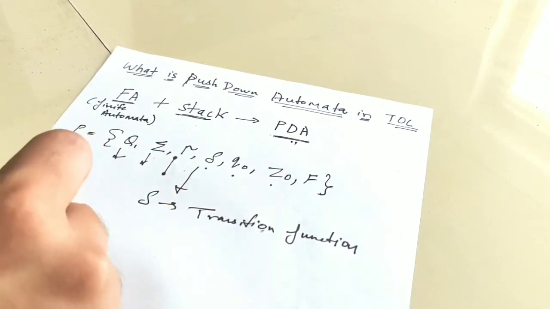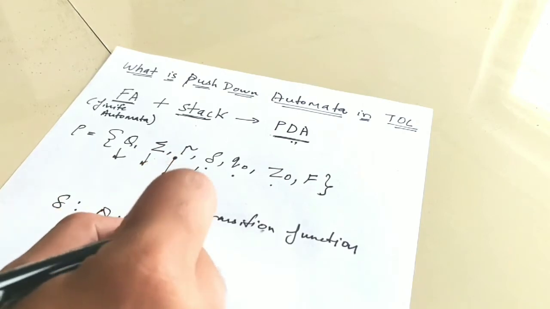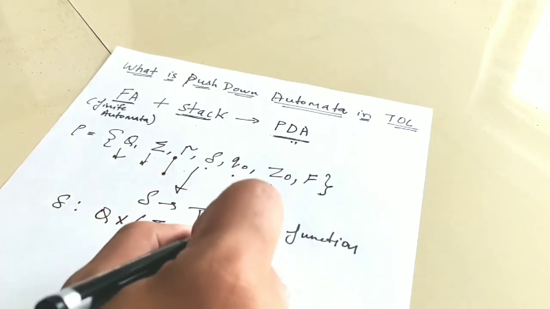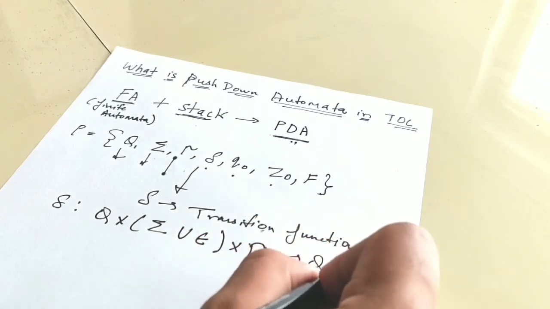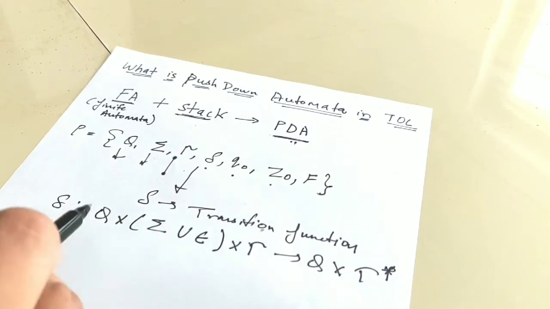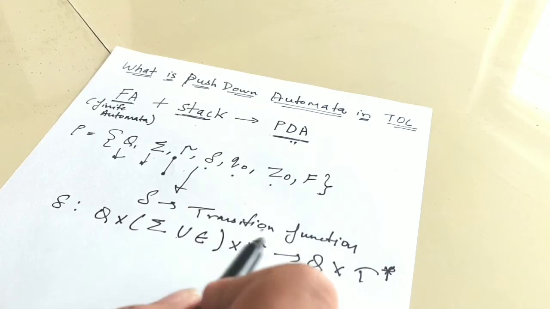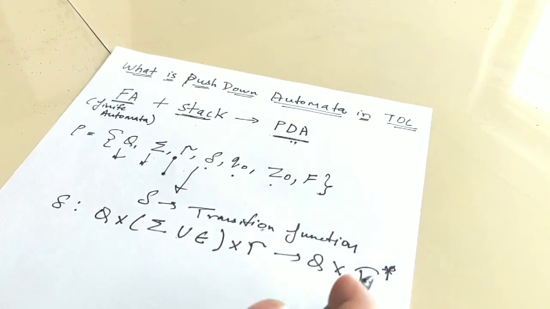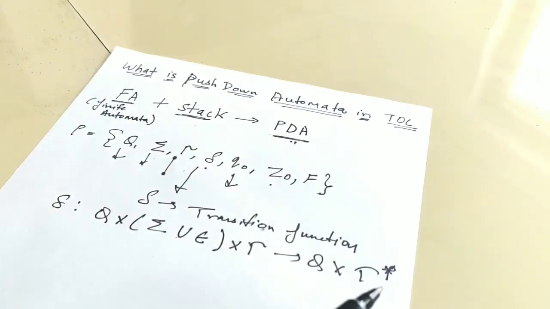The formula of this is delta: Q times sigma union epsilon times tau gives Q times the power set of tau. So this is the transition function. Now q naught is nothing but the initial state.